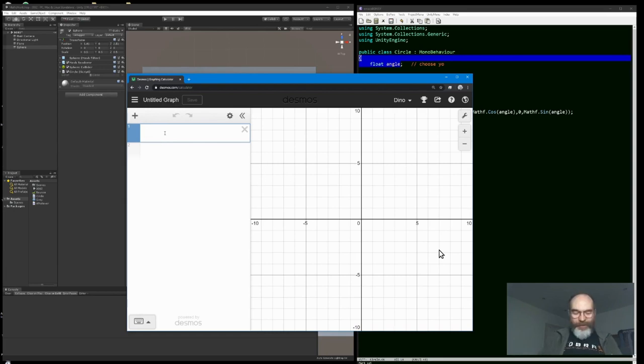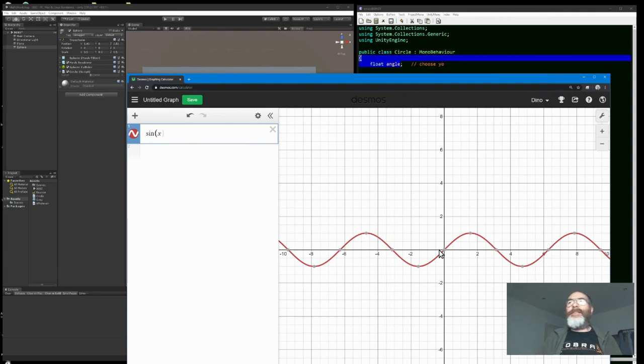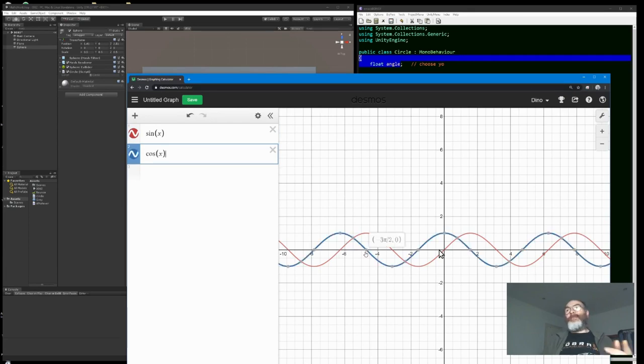What I'm going to do is just plot the sine of x, and look, you get this lovely graph. It's lovely, isn't it? That's the sine wave. The cosine of x is another sine wave, shifted by 90 degrees.